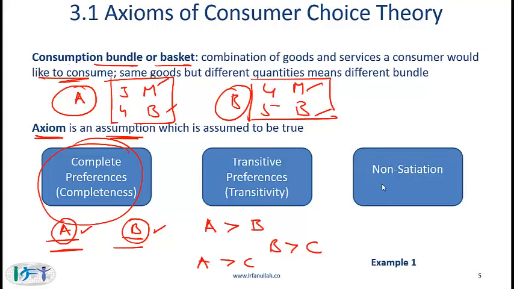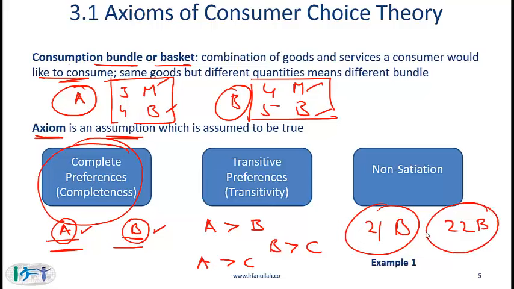And the third axiom is non-satiation, where more of a given quantity is always preferred. So if a consumer has 21 bananas, then he will prefer a bundle with 22 bananas. So more is always better.